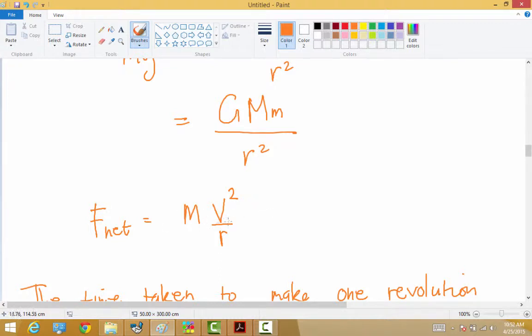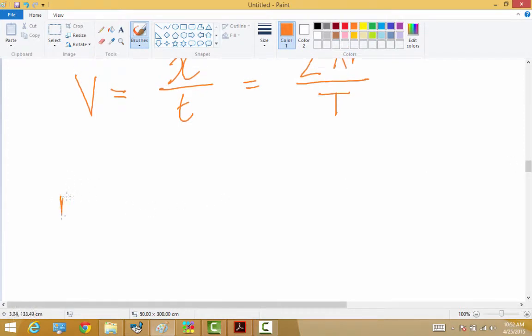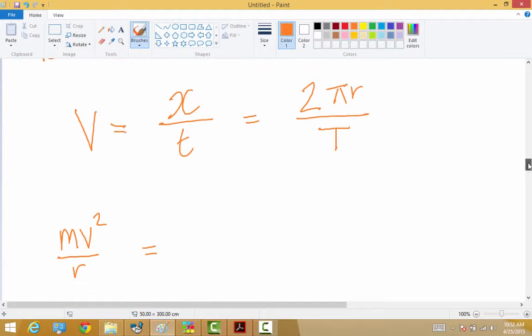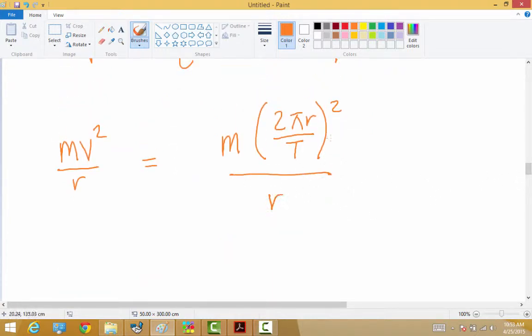This is the general formula for circular motion. So the general formula of circular motion is mv squared over r. We use that all the time. So here I will substitute the value of v, which is 2 pi r over T, into here. So that means I'll get 2 pi r over T squared over r. And you can see the r's firstly will cancel.